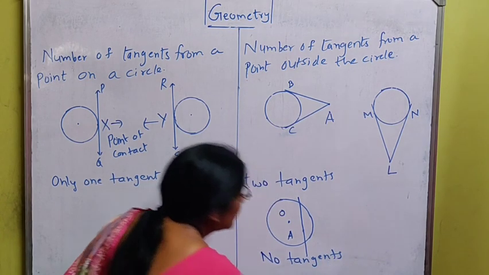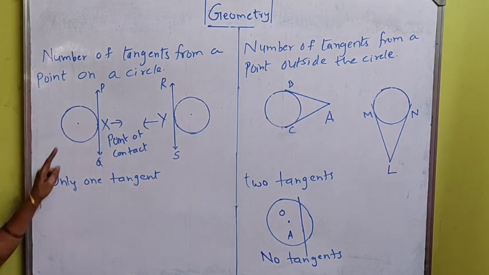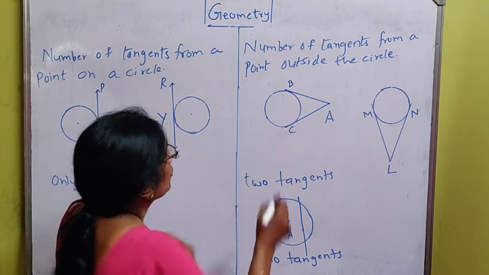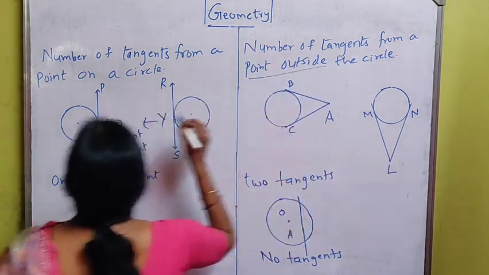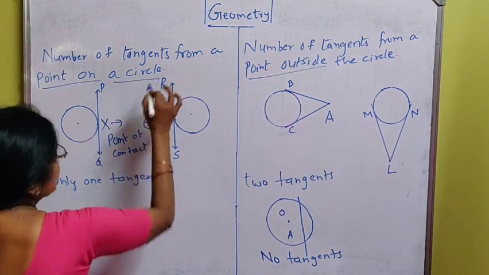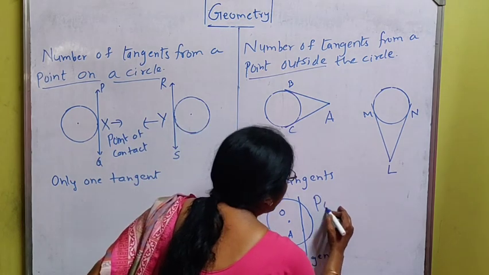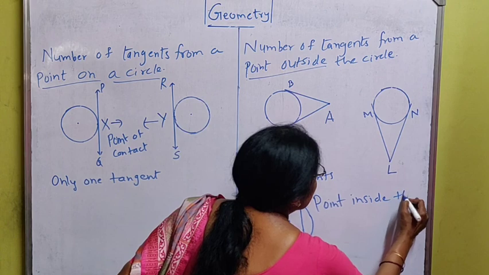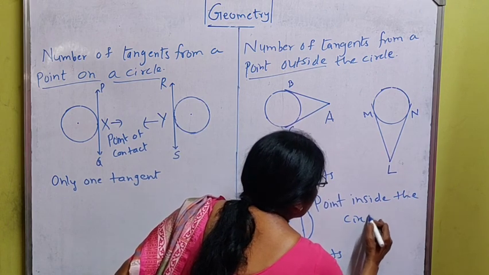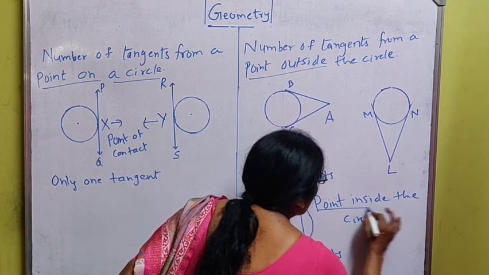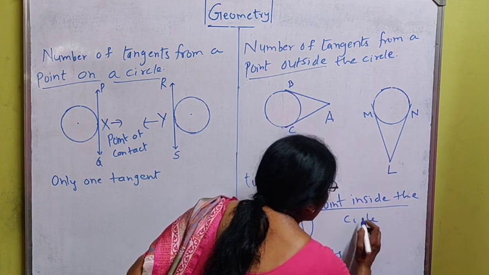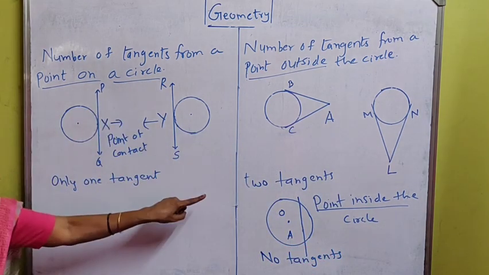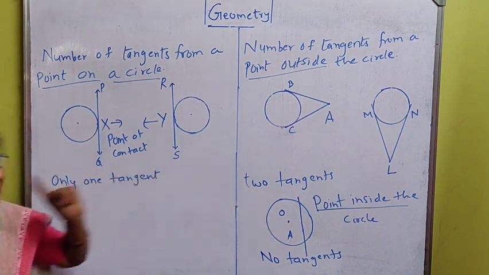So we have taken three cases: point on the circle, point outside the circle, and point inside the circle.